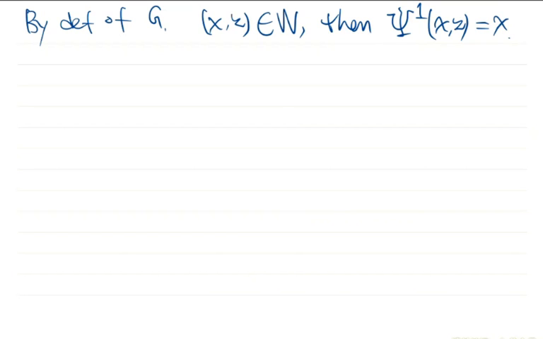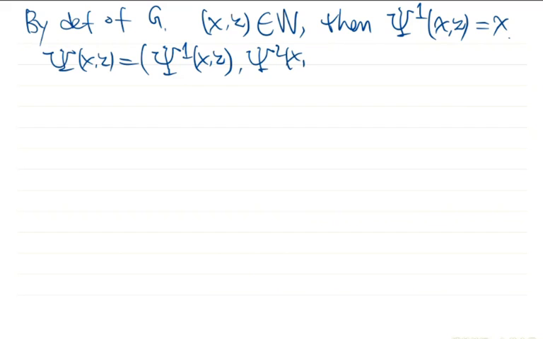Why is this true? You see, psi(x, z) is (psi1(x, z), psi2(x, z)). The psi1 is n-dimensional. Psi2 is n-dimensional. But psi is a local inverse of G.